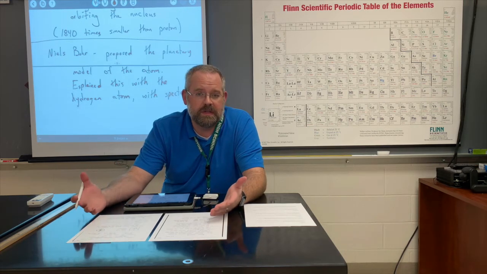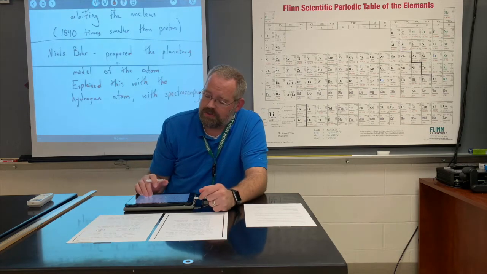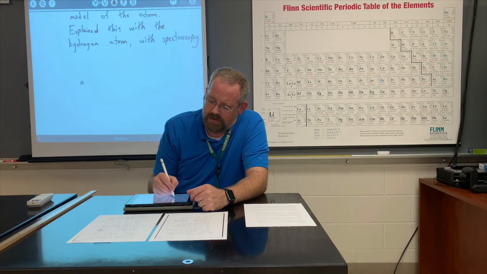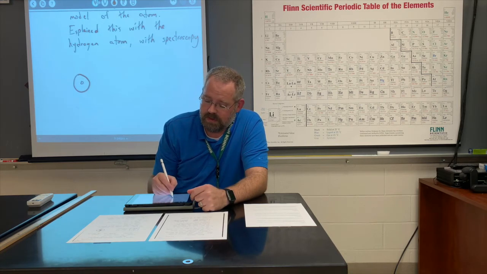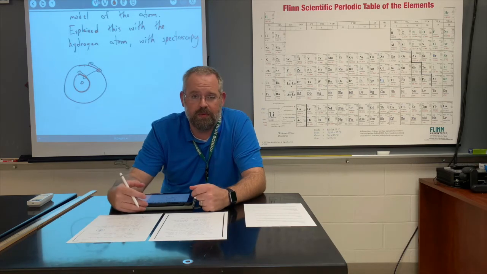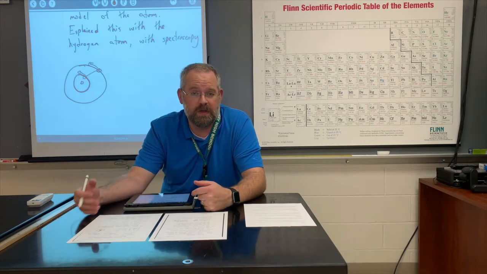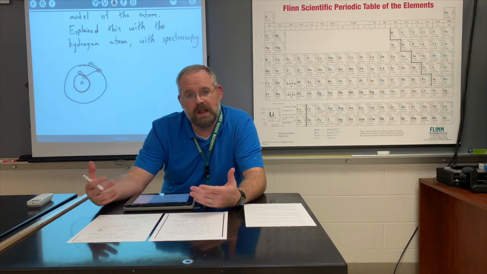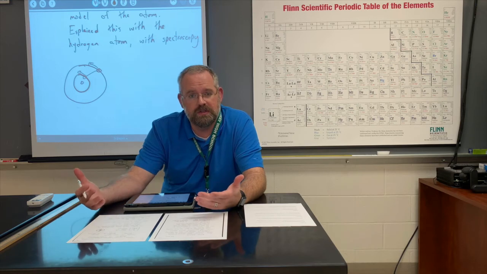And he called it exciting the electron. So what he was able to show is that if we have our nucleus here and our electron orbiting the nucleus, okay, our electron is traveling around here. If we excite the electron and make that electron jump to another level, like would be a bigger atom, then that spectroscopy, that light scattering, changes on the atom itself.